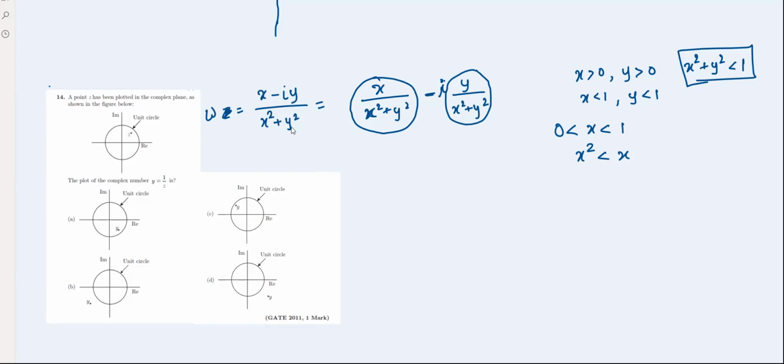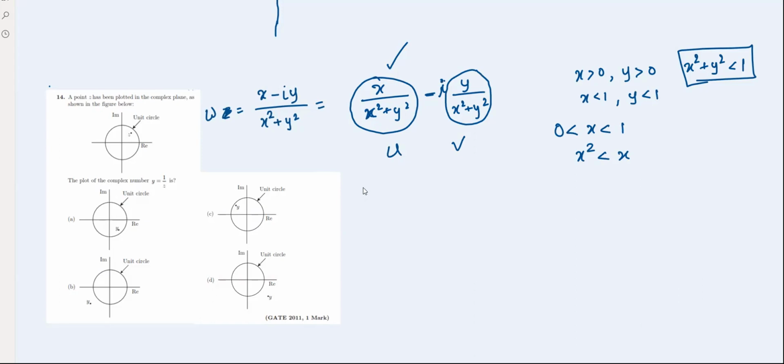So here it is showing some point slightly less than 1. Now, this will lie in the positive quadrant and this will lie in the negative quadrant.